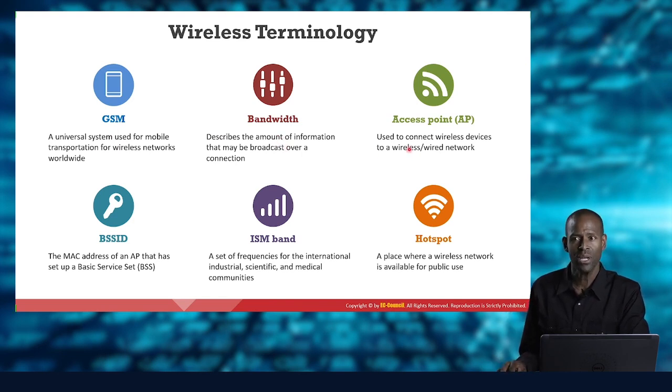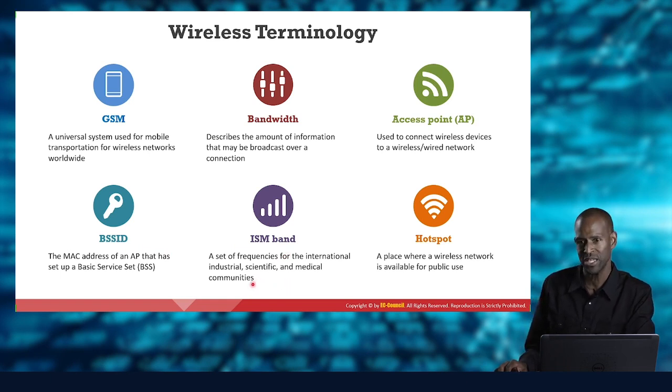An access point is a method to get that wireless device connected into the infrastructure network or out onto the internet. The BSSID is the MAC address of this good old access point that helps set up a service. We have ISM, which is a set of contended frequencies between industrial, scientific, and medical.